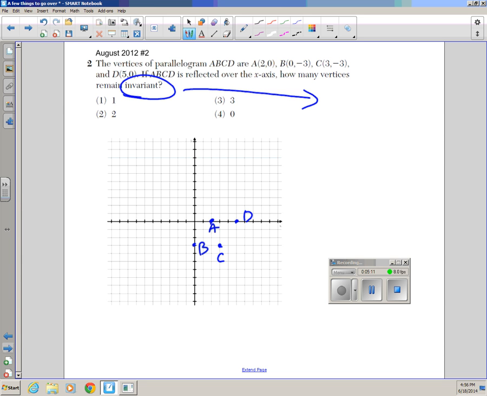Again, invariant means does not change. So how many vertices do not change is what they're asking. Well, if I'm reflecting over the x-axis, the ones that are on the x-axis won't change. So A and D are going to remain where they are, and B and C will be reflected over the x-axis. So B will become here as B prime. C will come here as C prime.